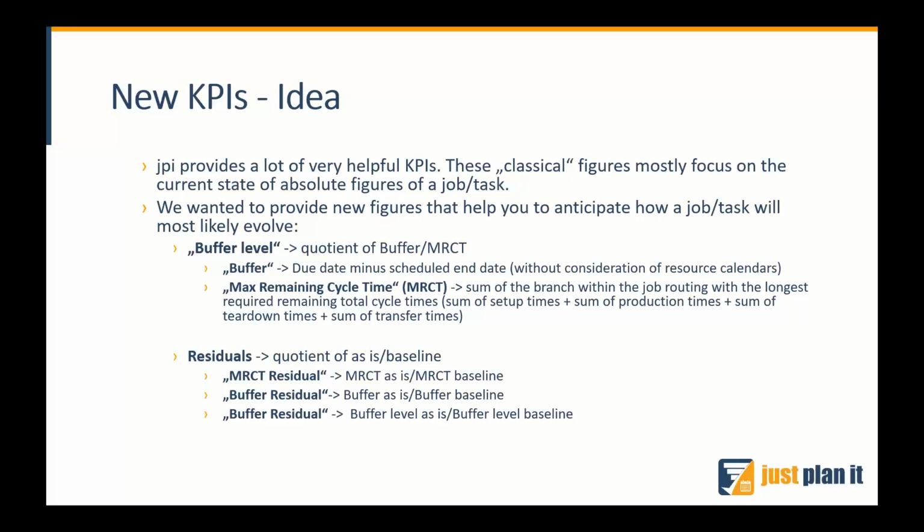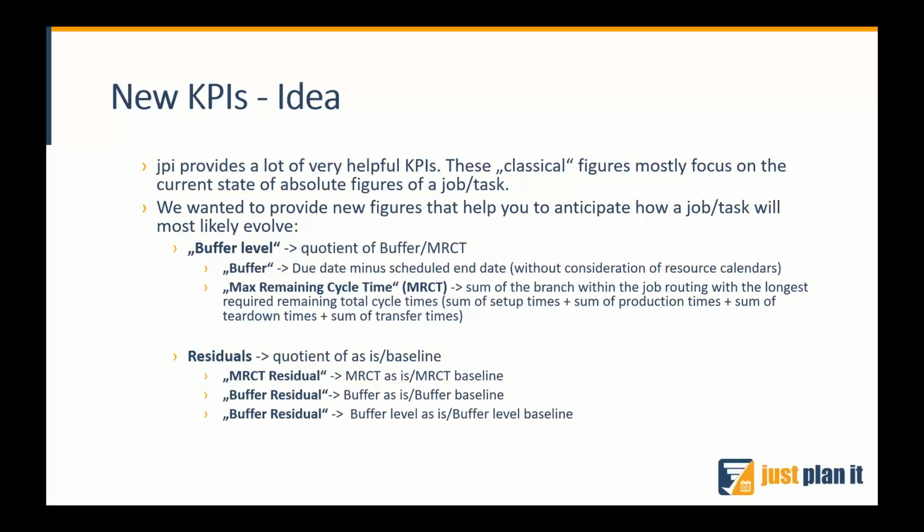And we wanted to provide some additional figures that help you to anticipate how a job will most likely evolve. So we have kind of a radar that tells you, oh okay, here is an alert even before it's scheduled to be late.